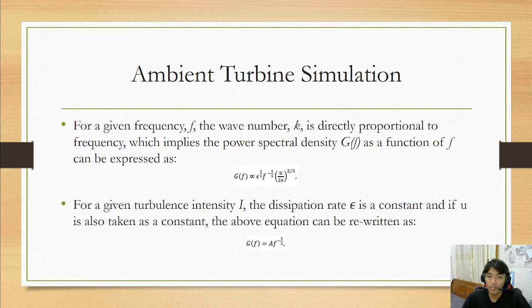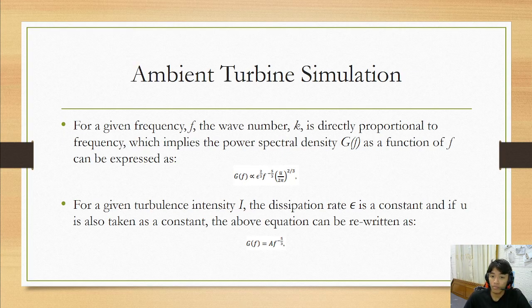Okay, so for a given frequency f, the wave number k is directly proportional to frequency, which implies the power spectral density G(f) as a function of f can be expressed as G(f) equals epsilon to the power of 2/3 times f to the power of negative 5/3 times (U bar over 2 pi) to the power of 2/3.